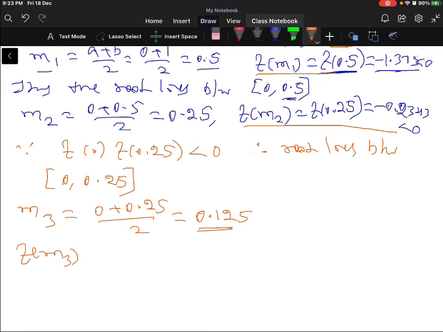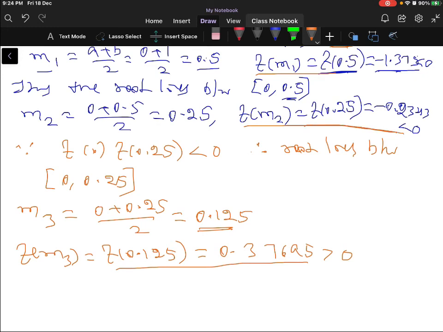Then we find f(m3), that is f(0.125). f(0.125) is 0.37695, which is positive. Here f(0.25) is negative.